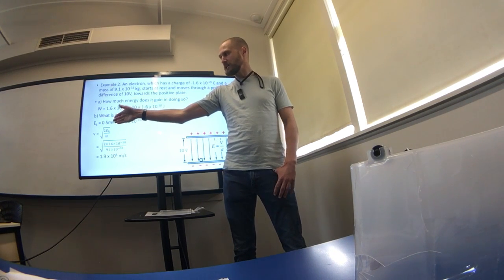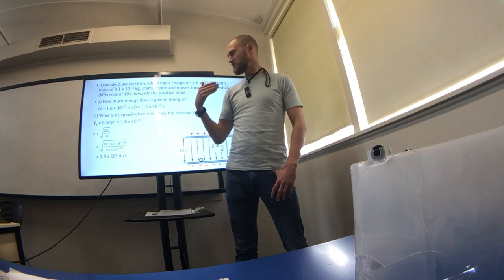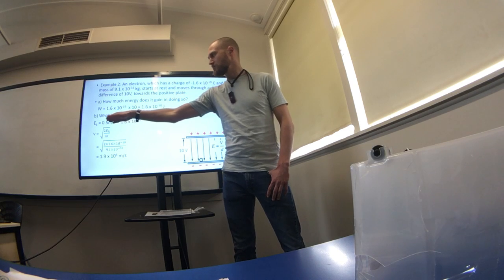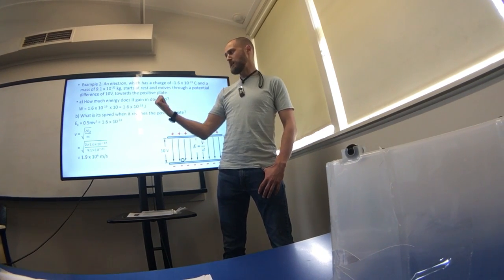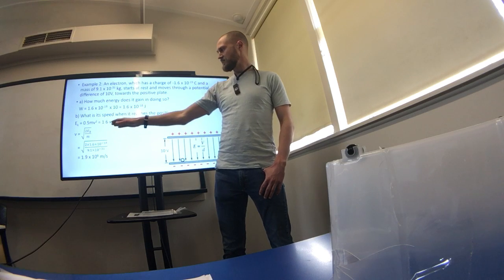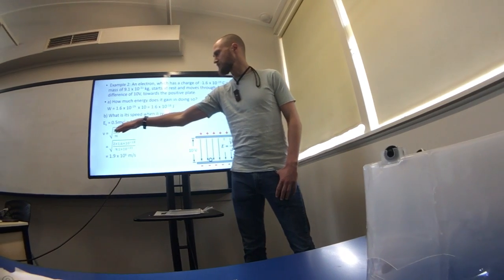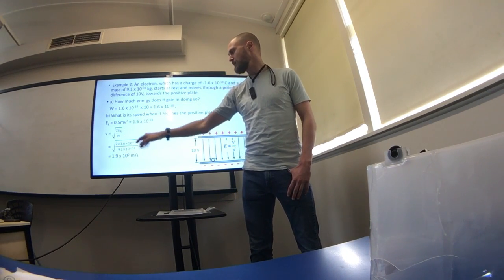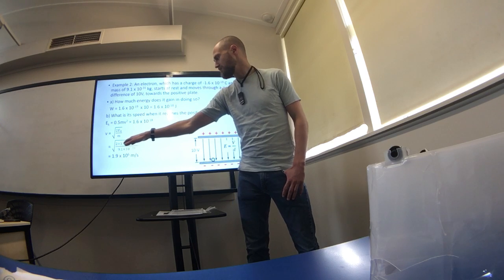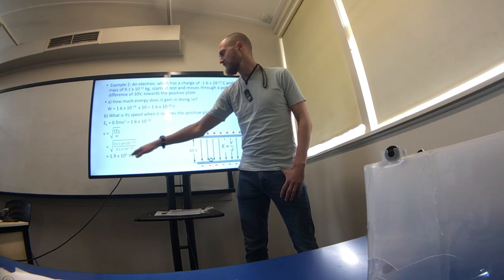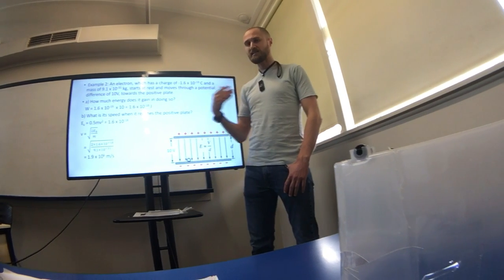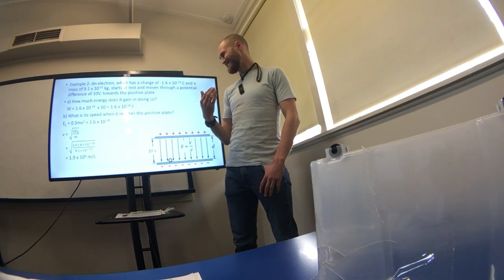The equation for kinetic energy is just going to be half mv squared. I like to write 0.5 mv squared because it's easier to put into a calculator and also a PowerPoint. But I rearrange that equation, v equals the square root of 2EK over m, plug in my kinetic energy and my mass, and I get out 1.9 times 10 to the 6 meters per second.